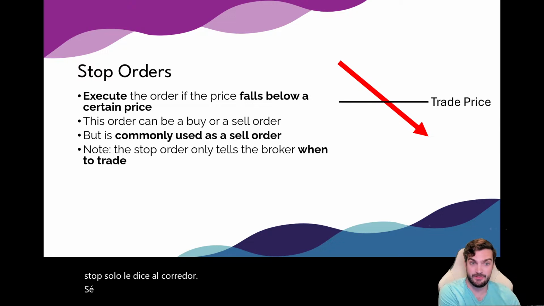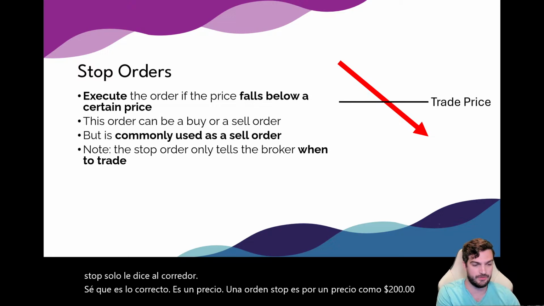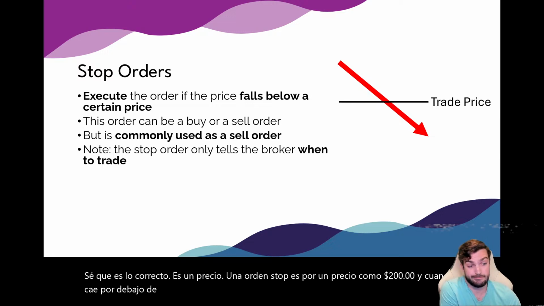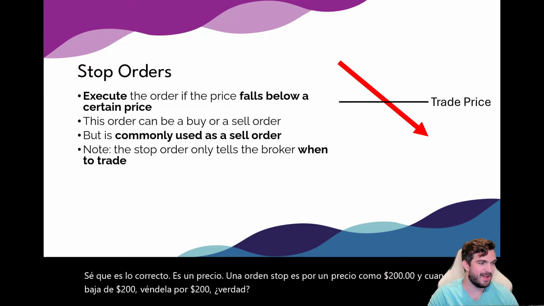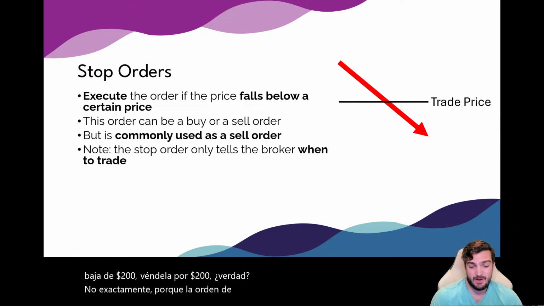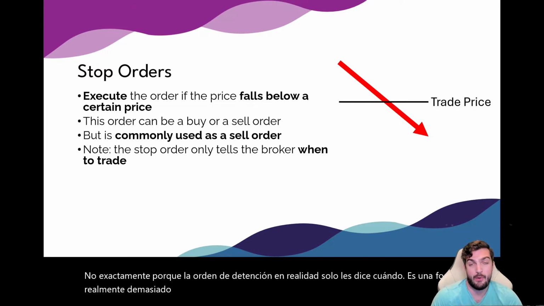I know it's silly, right? It's a price. A stop order is for a price like $200. And when it goes below $200, sell it for $200. Right? Well, not exactly. Because the stop order is really just telling them when. It is just a really overly complex way of telling your broker when to sell.